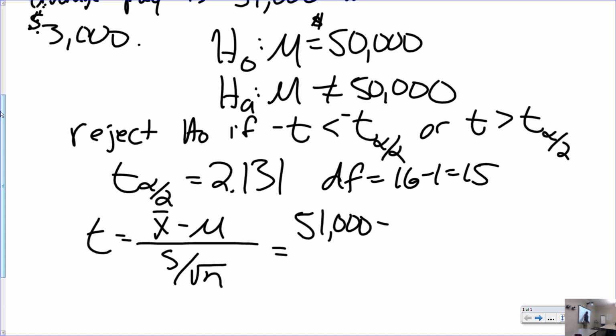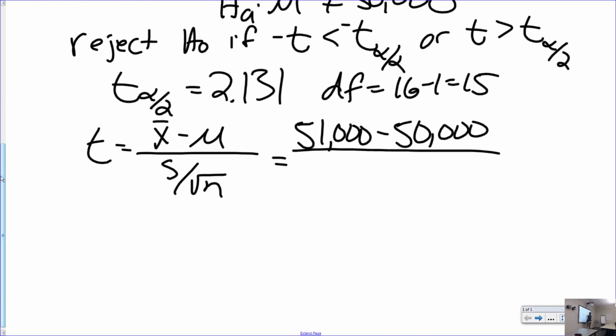The mu, remember the mu always comes from the Ho and the Ha, okay, folks? Minus the 50,000. And what are we going to divide by? 3,000 over the square root of 16. Calculator problem, crank it out.